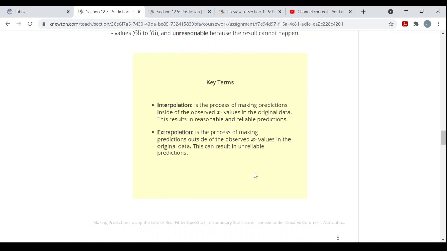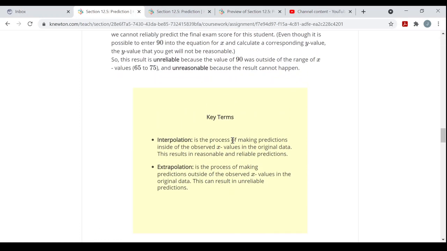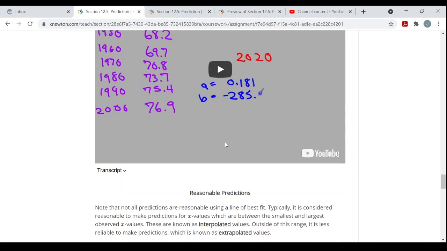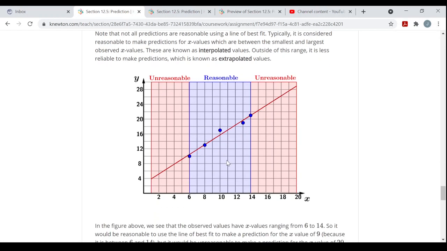All right, so again, interpolation, extrapolation, and some more examples. And they even have a nice little graphic down here. This is when you look at more instruction after certain problems. See, they do interpolation, reasonable predictions, extrapolation, they're more unreliable, and then maybe unreasonable.